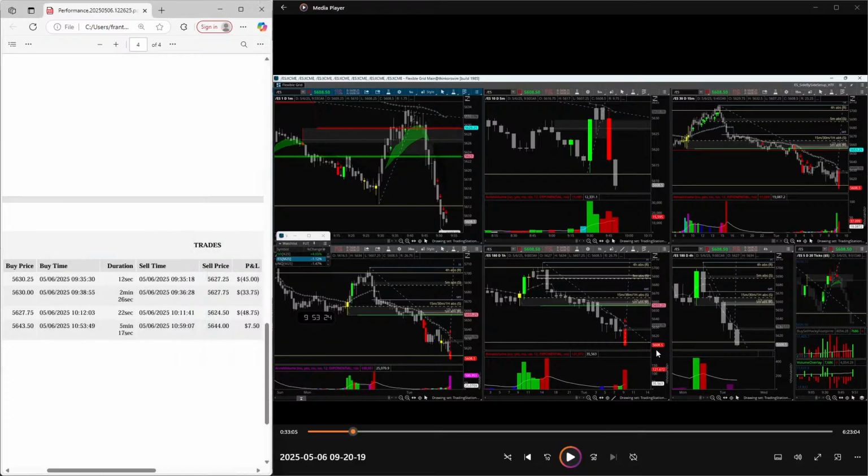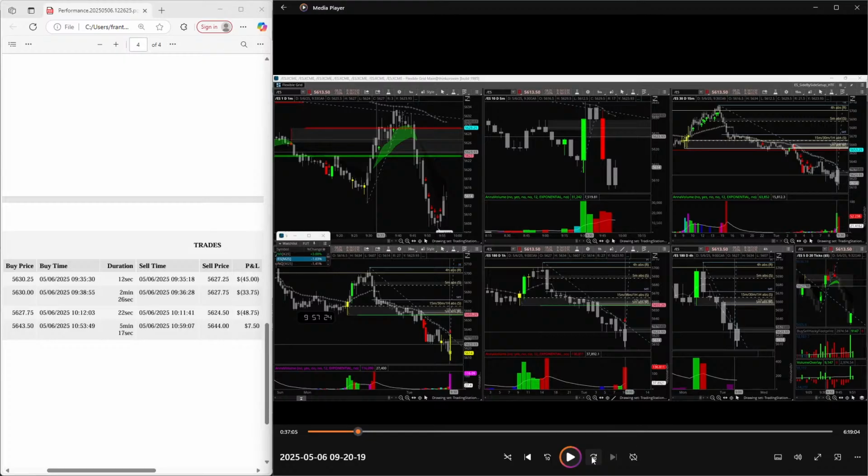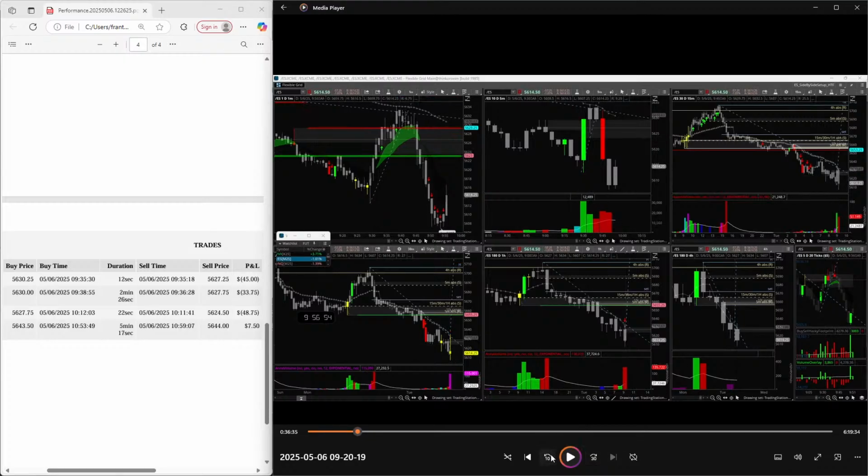I would have been aiming for, I did have this here, right? This would have been a nice area, even if I did exit early, right? Get out there. So what time is this one? Okay, weakness is coming in.